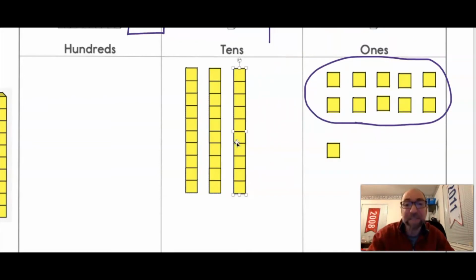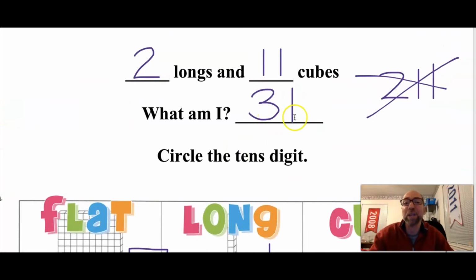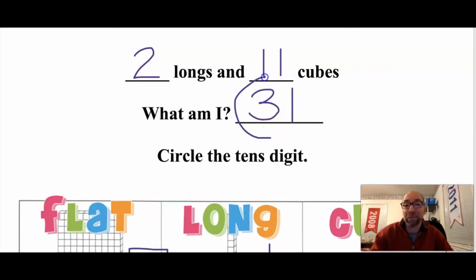And I still got the same answer, 31. Circle the tens digit in the number 31. Did you circle the 3? If so, awesome job.